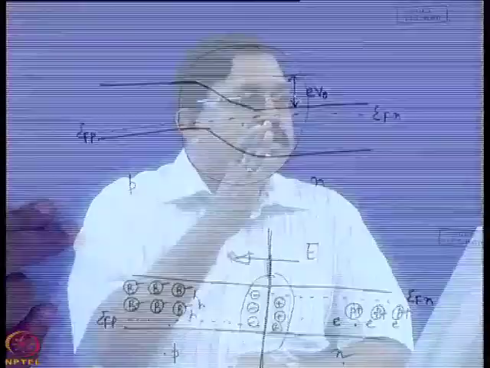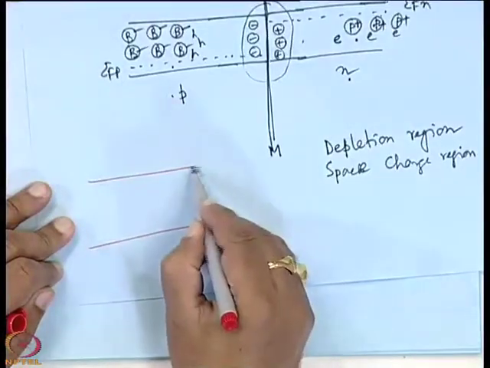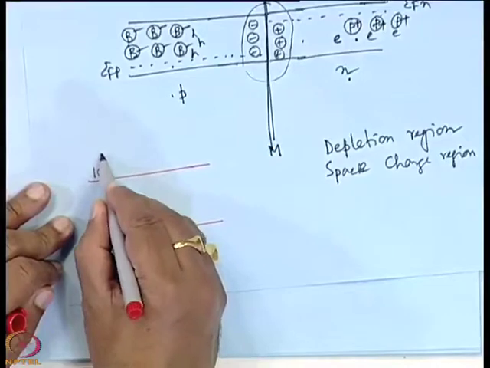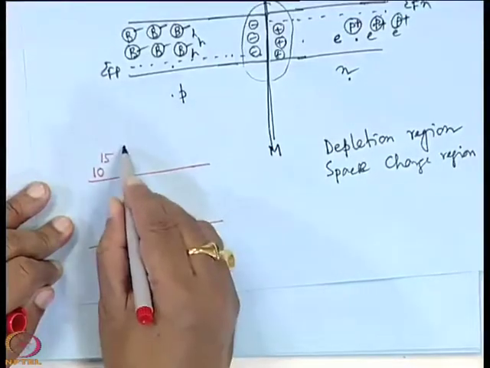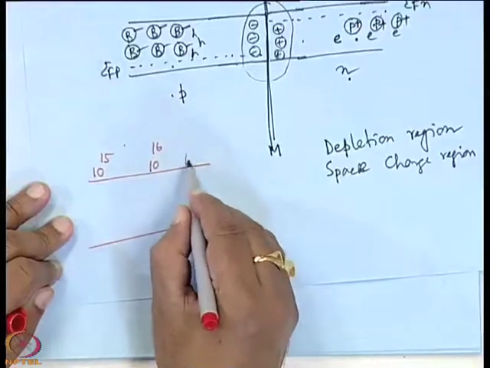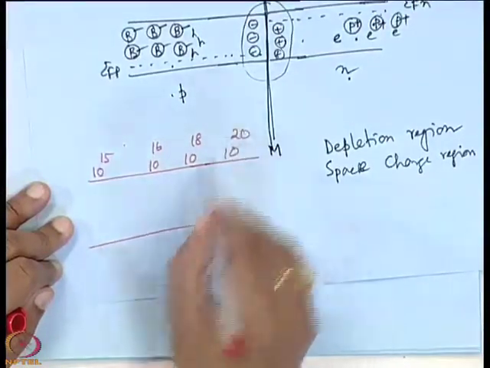You see that when there is a depletion region, the free carriers are very small. So, let us consider this case: here the charge carrier concentration is 10 to the power 15, here it is 10 to the power 16, here it is 10 to the power 18, here it is 10 to the power 20.